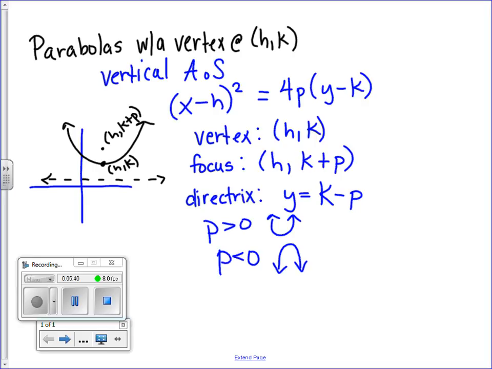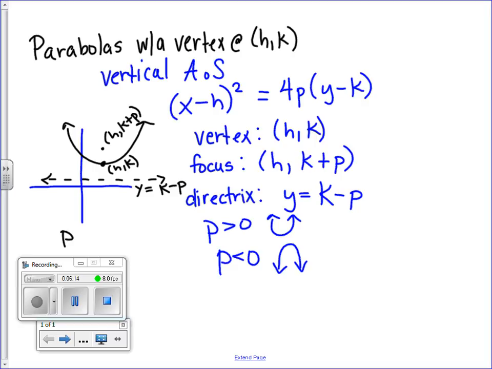This is still just a horizontal line, so it's y equals. But where does it start? Well, it's whatever k is minus p. It's p units away from that k. So if p was like 12, then I had to go down 12 right here, and I went up 12 right there. That vertex is exactly in the middle of those two.